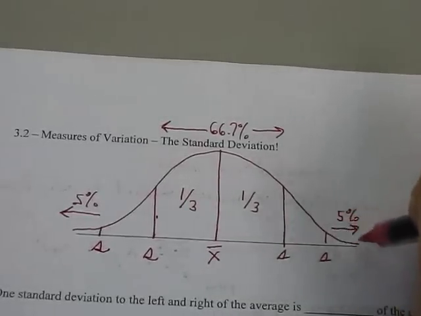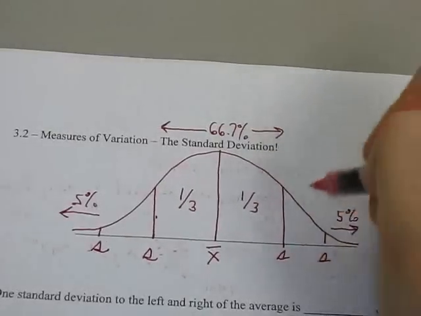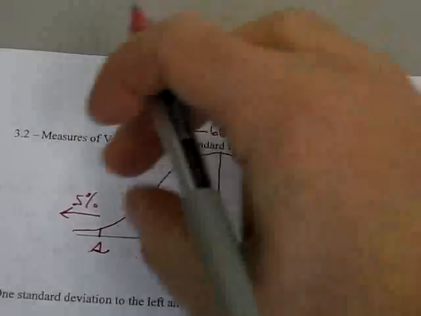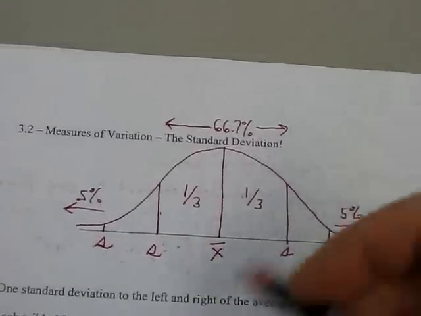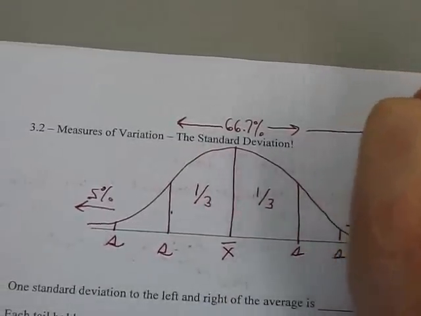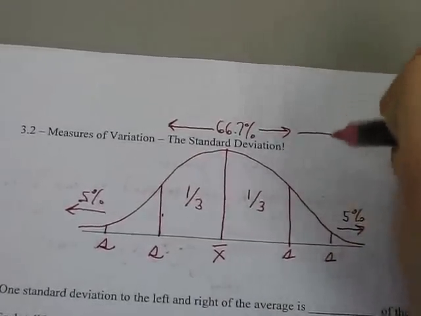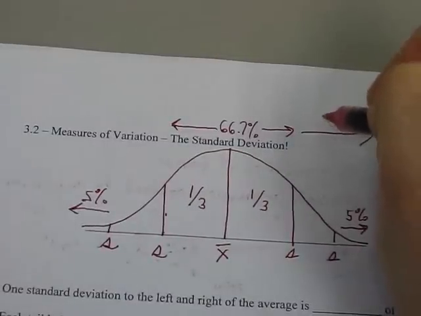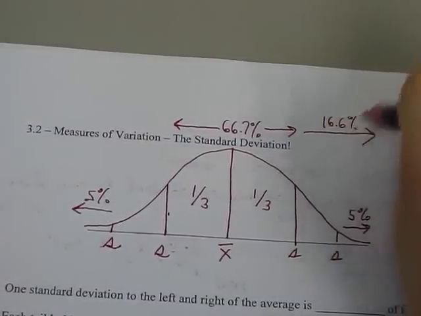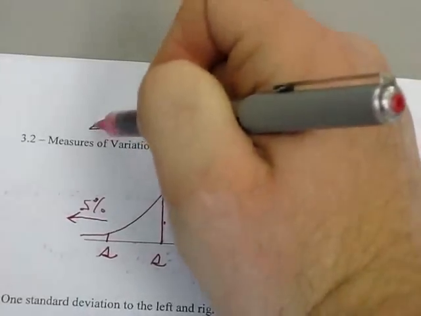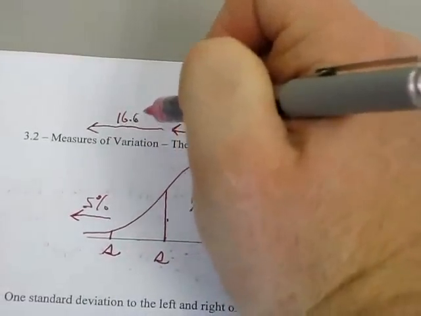This is 5%, this is 2/3, then you can do your calculations to figure out how much percent is in between. But roughly, each tail, and we call these above one standard deviation a tail, is 1/6 of the data, or 16.6%, going down that way as well, 16.6%.